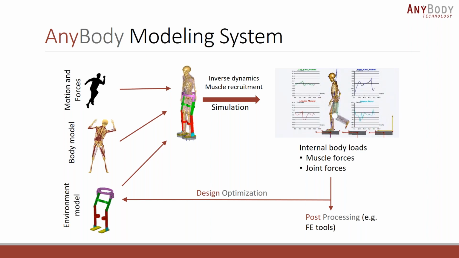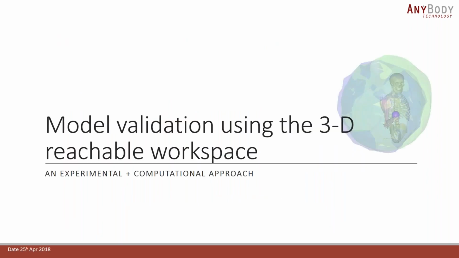So for example, if you had to design this particular exoskeleton so as to reduce overall metabolic energy expenditure, then you could probably run these optimization studies inside the Anybody modeling system as well. So you essentially define the exoskeleton by a set of design parameters, and then you tweak those design parameters until the required biomechanical outcome is achieved. So on that note, I will give the word over to Miguel.